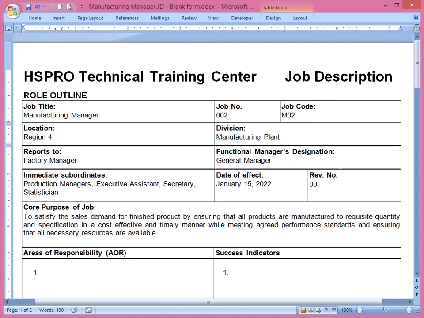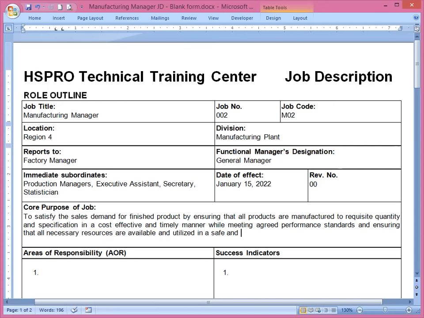So resources are available and utilized in a safe and efficient manner. There are two kinds of key performance that the manufacturing has to maintain. One is effectiveness, the other is efficiency. Safe is the health and safety aspect of the operation.